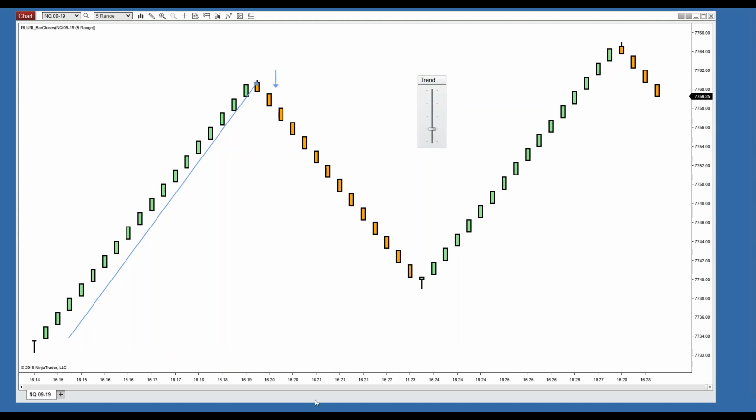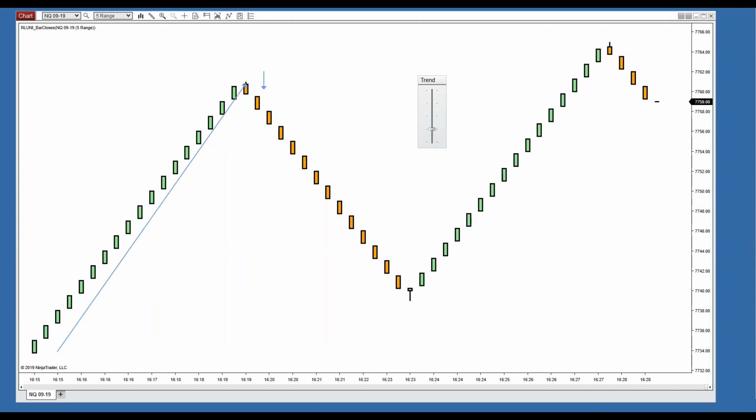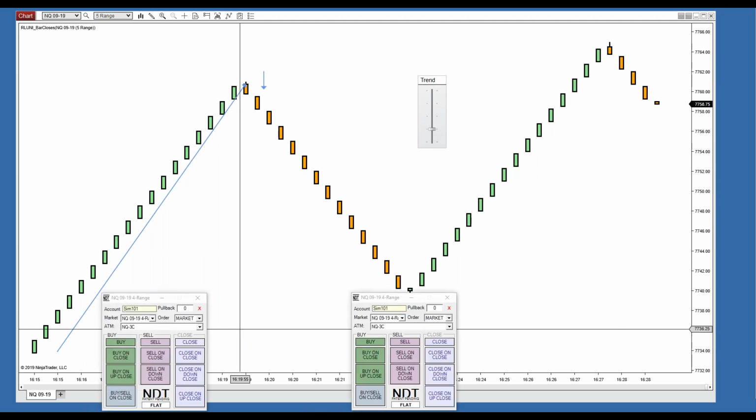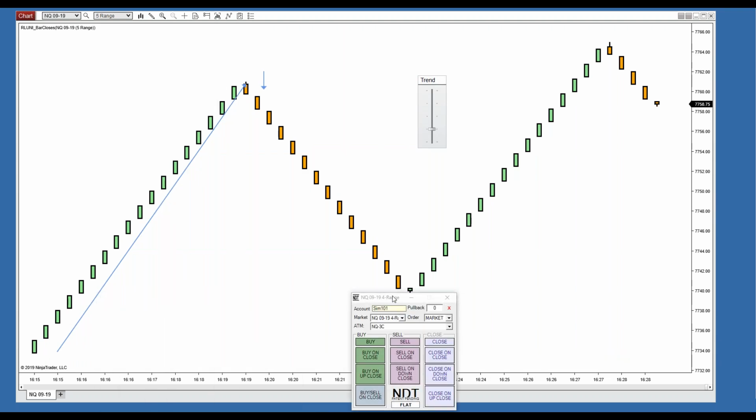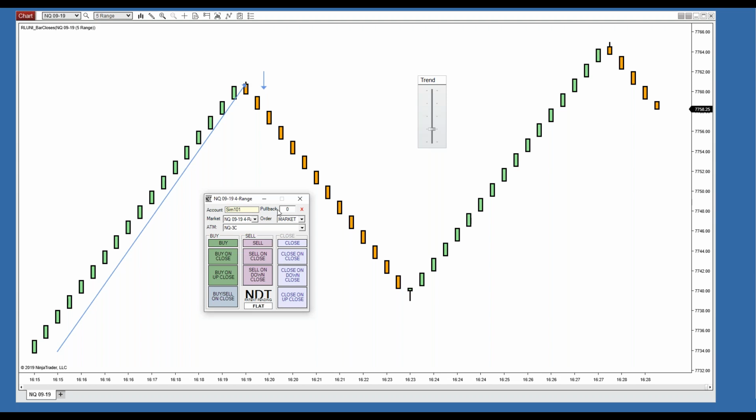Now with the NDT, I'm going to bring it back up. Let's say that you believe the market has so much chop and movement in it that you can actually program it to trigger 1 tick below the close of the candle, but come back and get you on a 1 tick pullback.